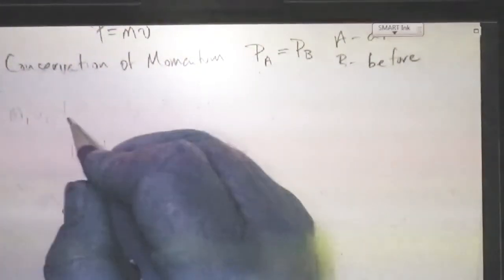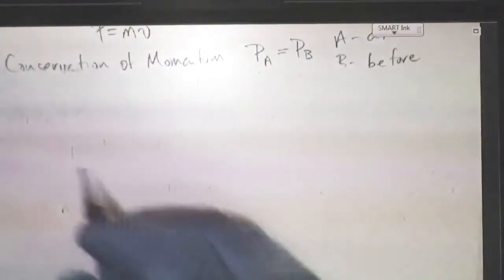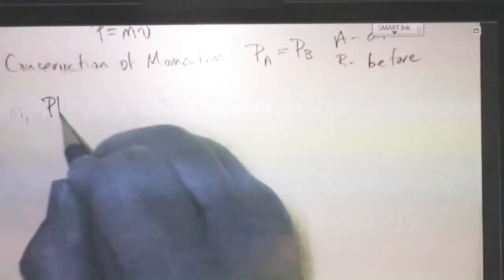So what is the momentum before and after? Well, the momentum before is the momentum of the two individual objects, mass 1 and mass 2. The momentum after is the momentum of this combined because they stick together and keep moving. So we need to realize that this is a totally plastic collision.